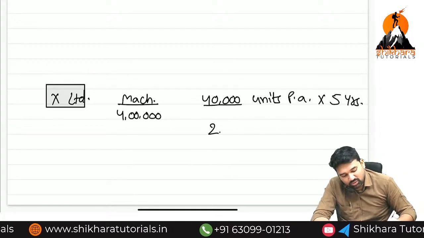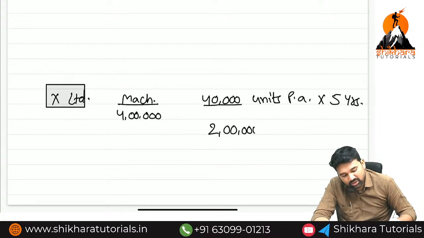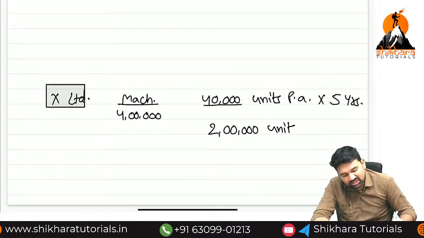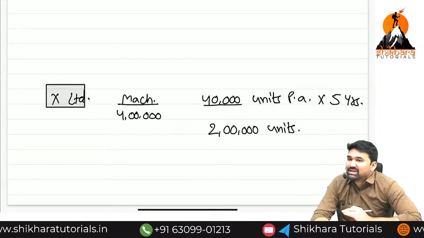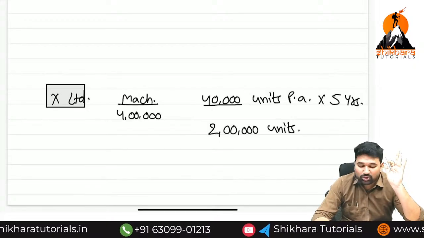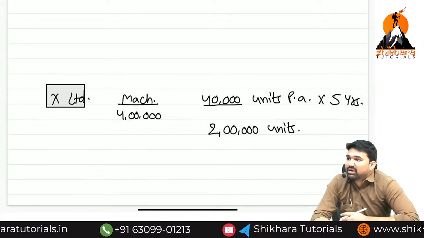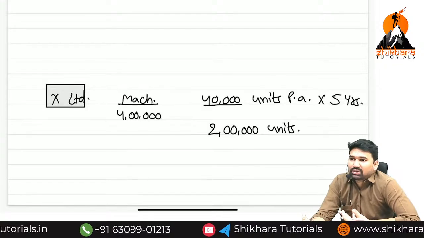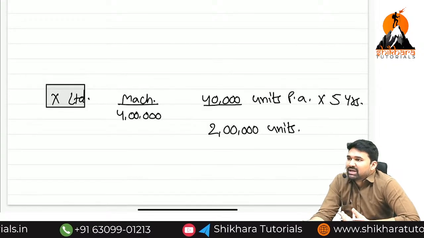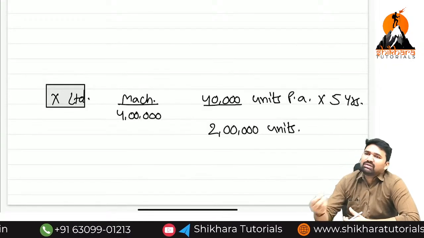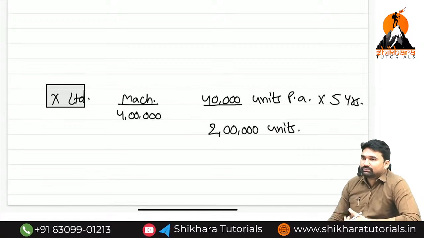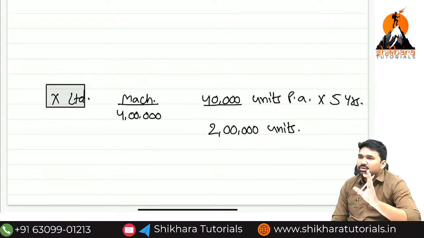So 2 lakh units in its entire life. After producing 2 lakh units, what will happen to the machine? The machine life is over. The machine will be dismantled or sold as scrap. The machine will be no longer useful.